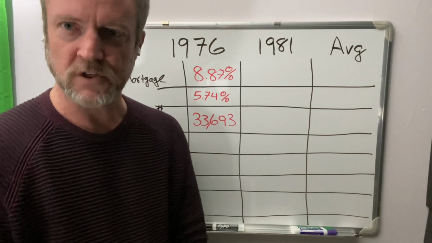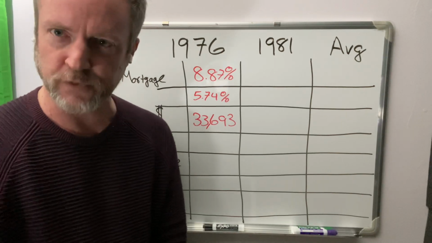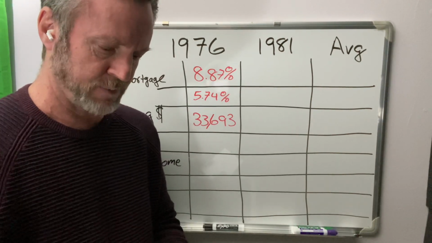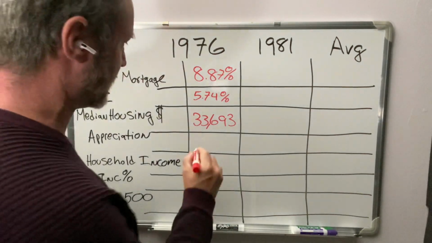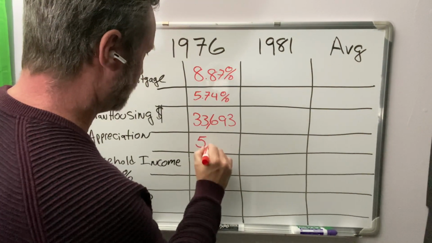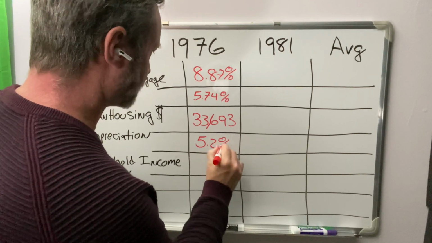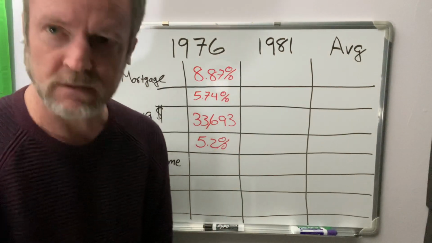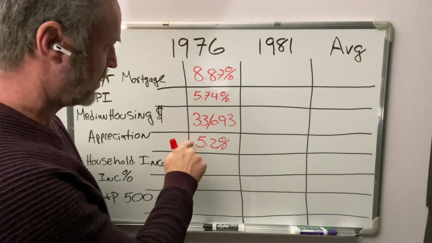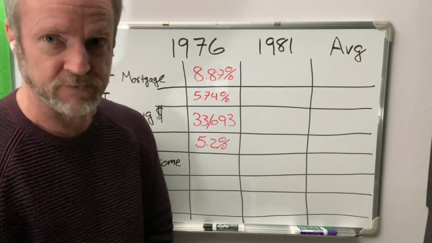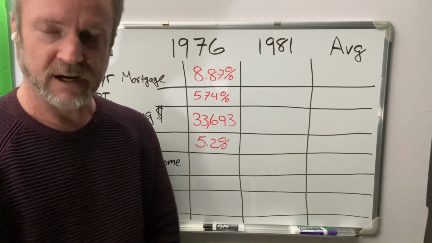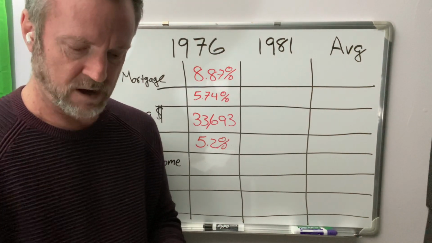So if you want to go look at the sources, download the spreadsheet, build your own spreadsheet, have some fun with it. Just for grins, the appreciation of housing that year, 5.2%. Again, real versus nominal. Nominal, 5.2. Subtract CPI, you actually do have negative appreciation. Again, these are all real numbers to talk about.